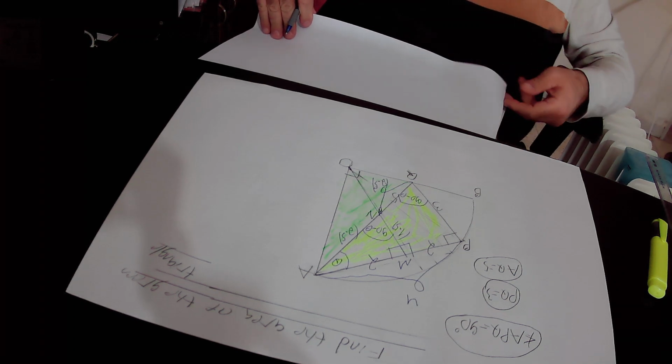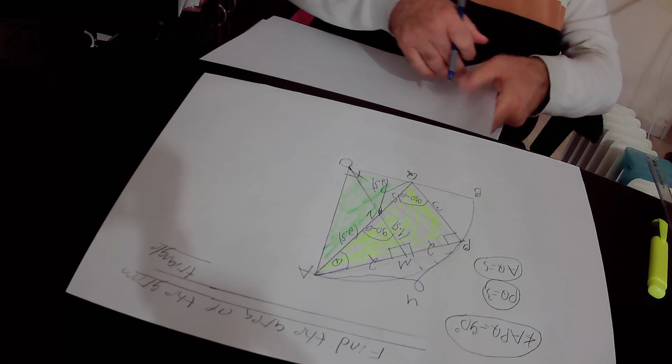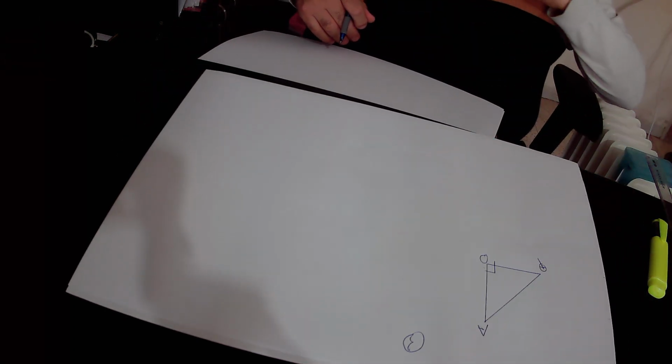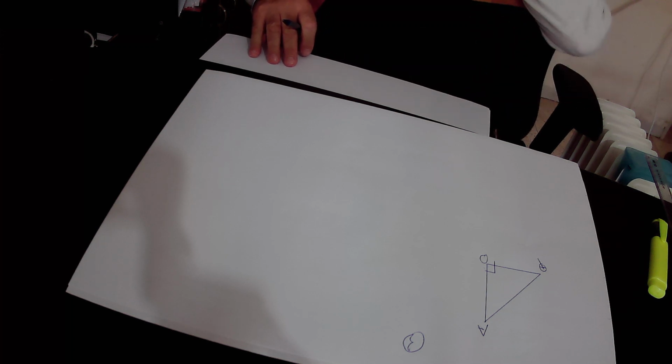So actually, this is the right green triangle AOQ that I copied from the original drawing. Now we will block this triangle by a circle.